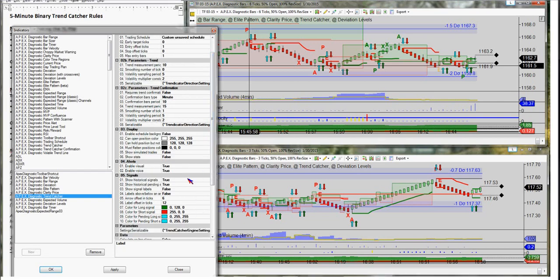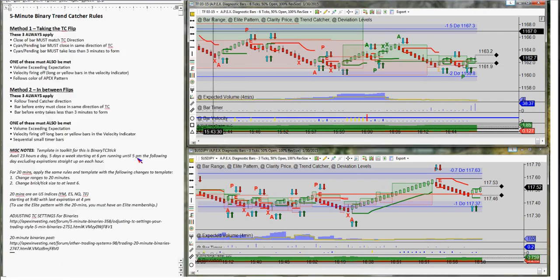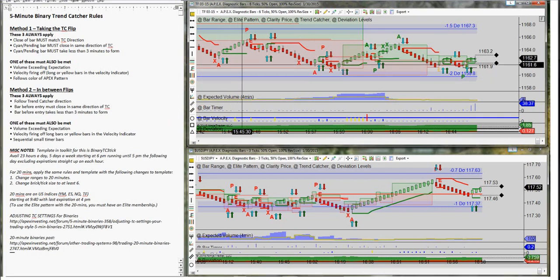That never applies to binaries at all, because they don't take into account the expiration time, and that it could bounce around and bounce back, and it does not take any of that into effect.